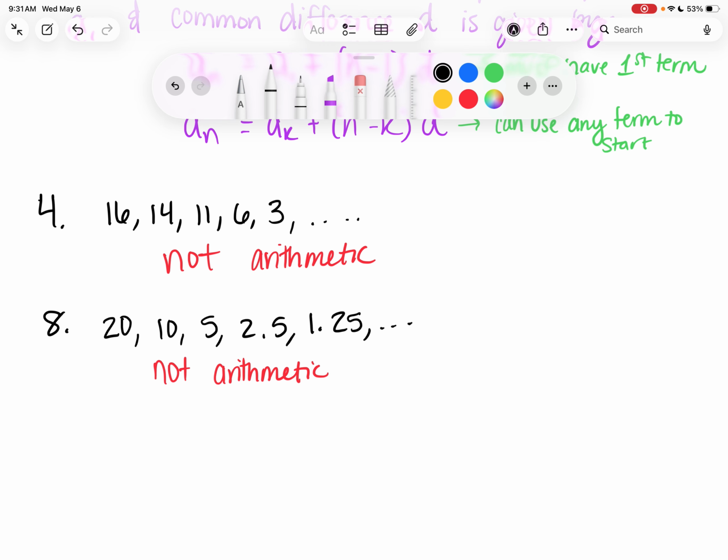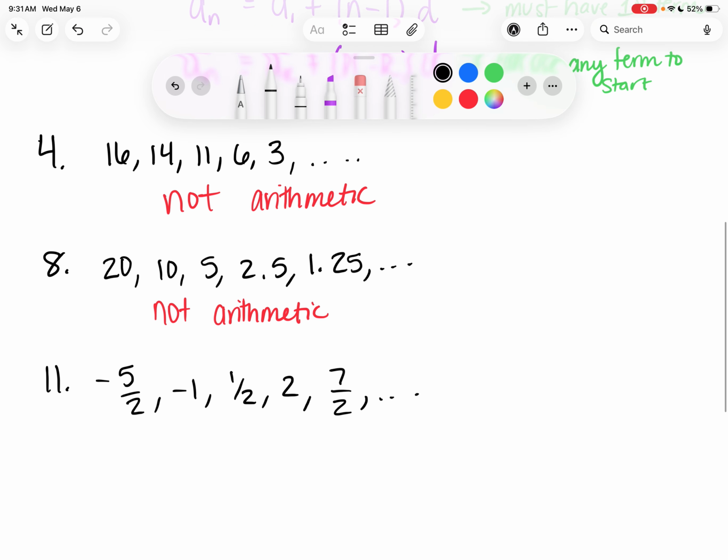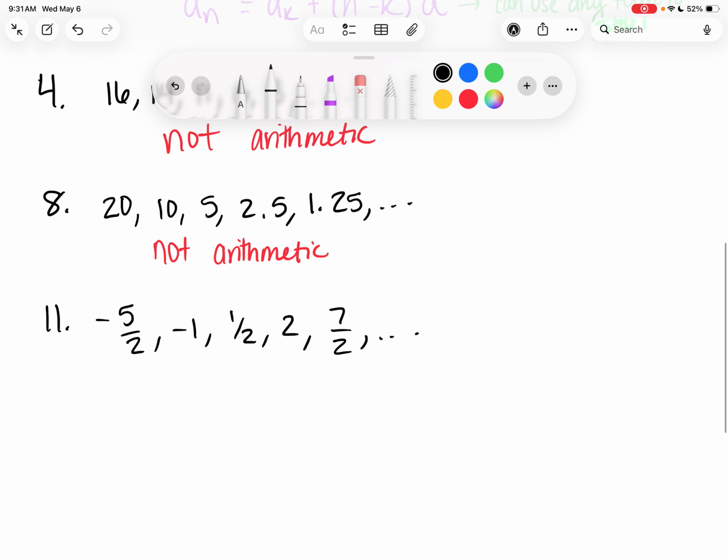Number 11: negative 5 halves, negative 1, 1 half, 2, 7 halves. I chose this one because it's kind of weird. So how do I get from negative 5 halves to negative 1? Add 1.5. How do I get from negative 1 to 1 half? Add 1.5.